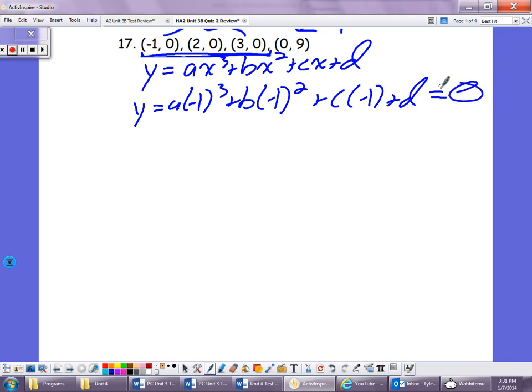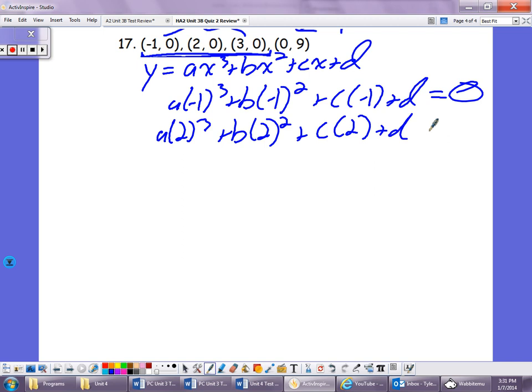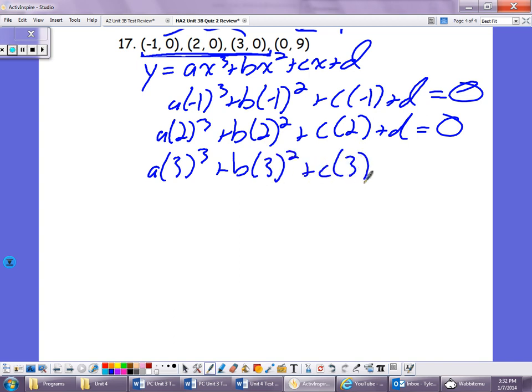equals 0. Then over here, I get a times 2 cubed plus b times 2 squared plus c times 2 plus d equals 0. A times 3 cubed plus b times 3 squared plus c times 3 plus d equals 0.